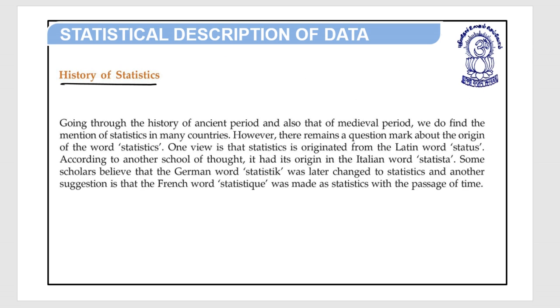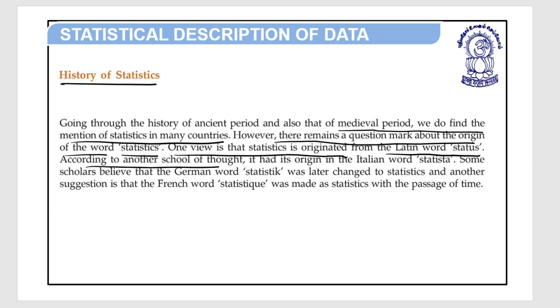Now, history of statistics. Going through the history of the ancient period and also that of the medieval period, we do find the mention of statistics in many countries. However, there remains a question mark about the origin of the word statistics. One view is that statistics originated from the Latin word status.